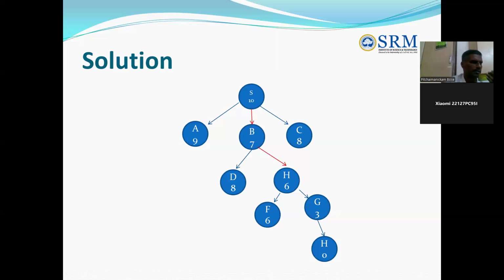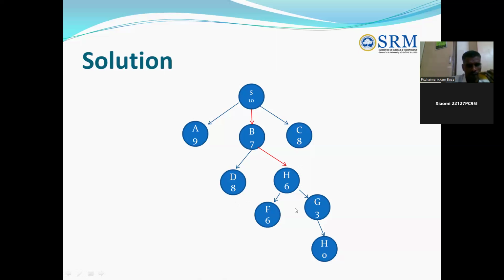After this, now S, B is closed, and the node H is open now. Again for this node you need to find the successors of the node. Once the node is open, you need to find the successors, and based on the heuristic function we choose the node along with their heuristic values.